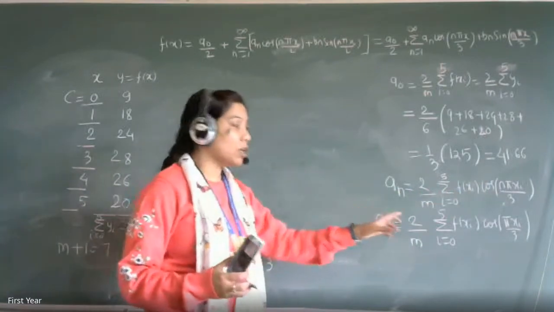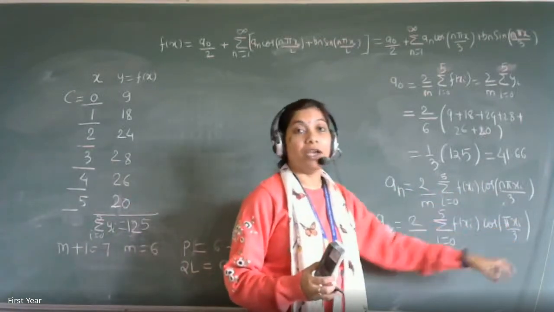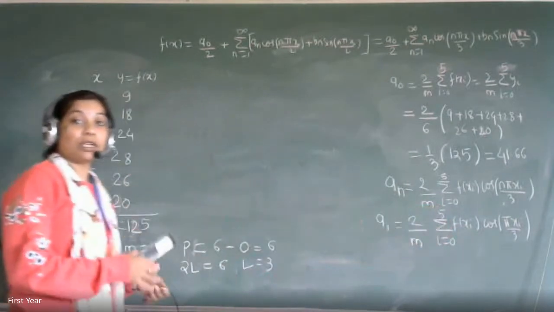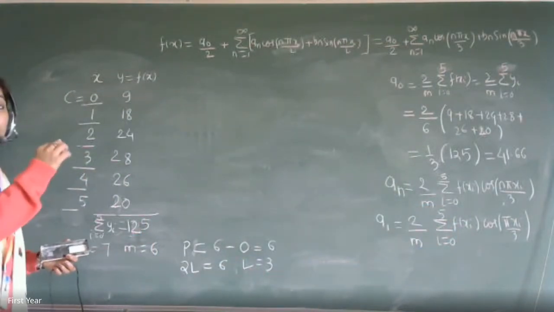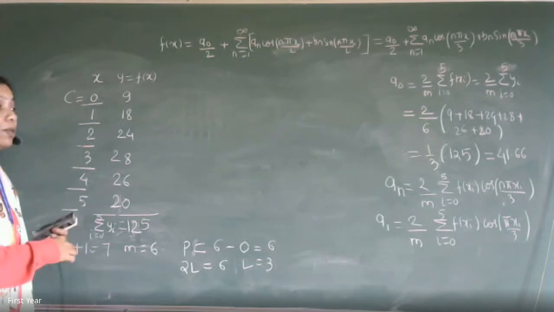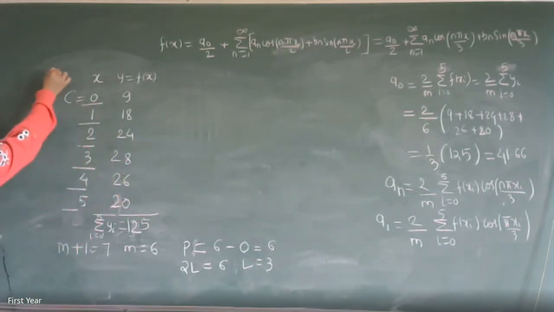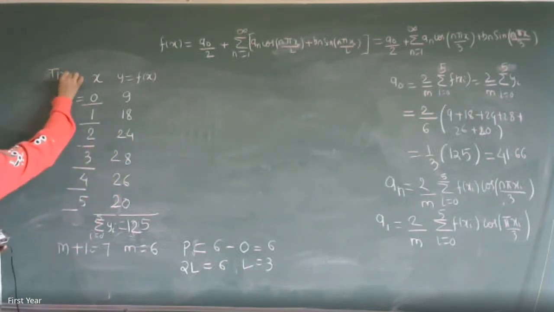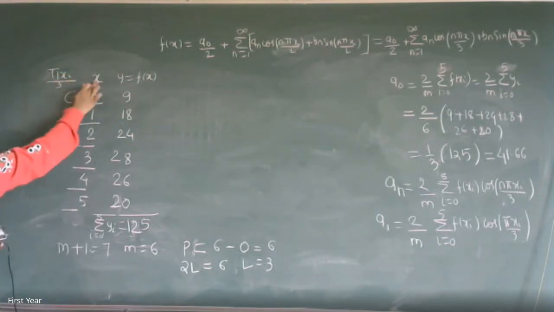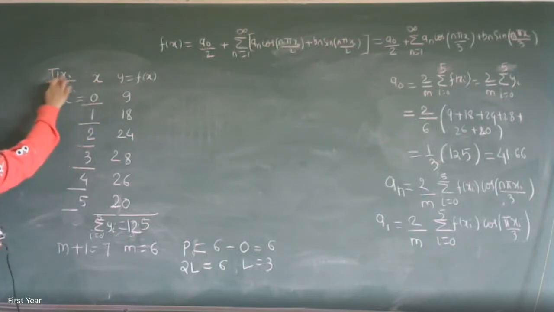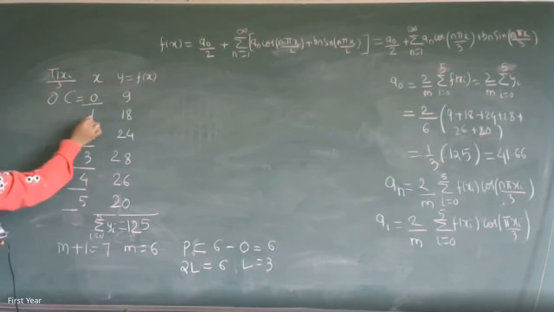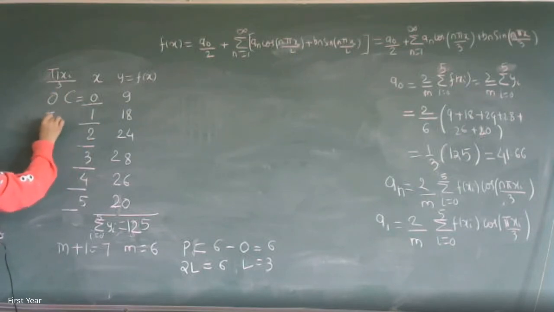Now, what is the angle theta? Pi x i by 3. Why did I tell you to write this? Because if you want to see the equal parts, we can also see the angle difference between them if I write pi x by 3 here. So what is x i? x i is 0 here, pi into 0 is 0. Then when I put x equal to 1, it is pi by 3.